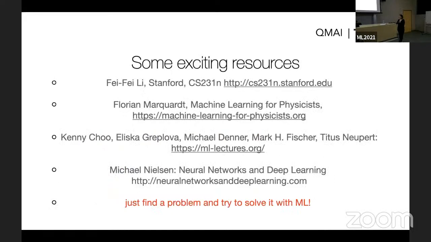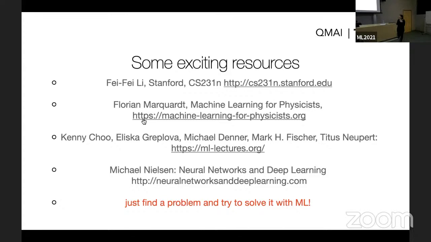I want to finish by showing you links to some exciting online resources that I used to prepare these lectures, but also used when I was first learning these things. Fei-Fei Li at Stanford teaches a purely computational CS class. It's not super related to physics, but if you didn't understand exactly how convolution filters work, just go there and read everything about that.